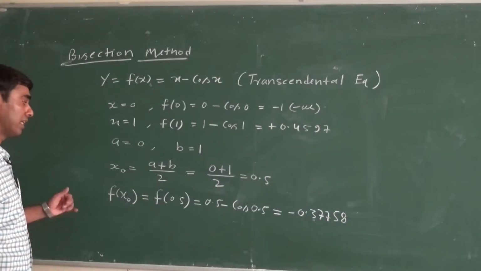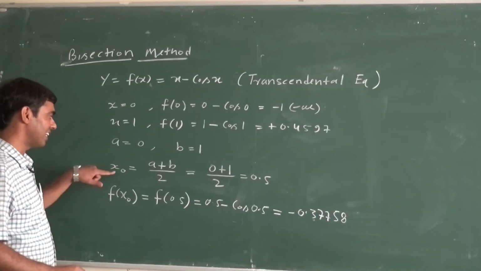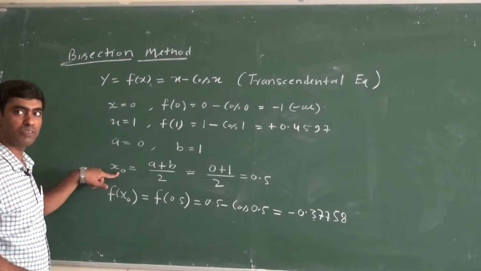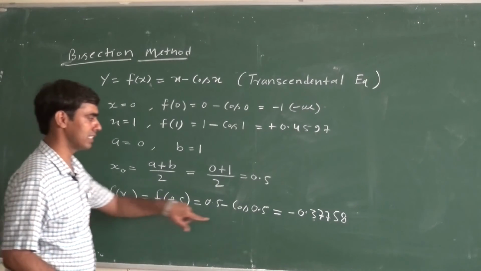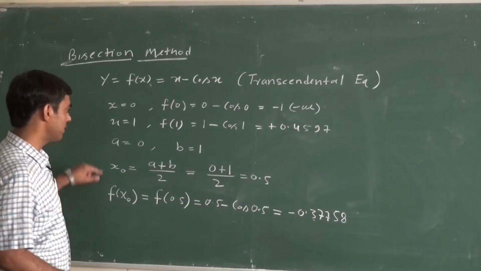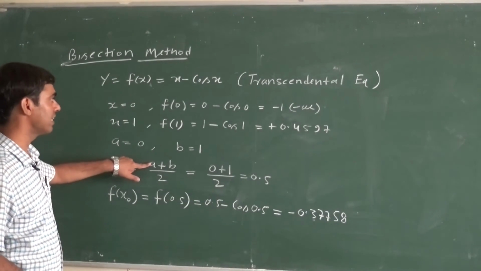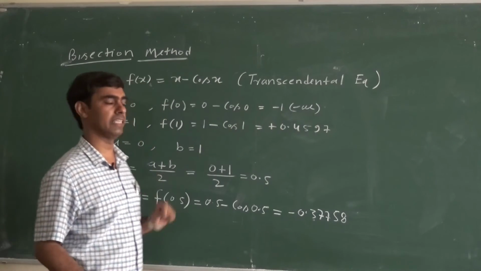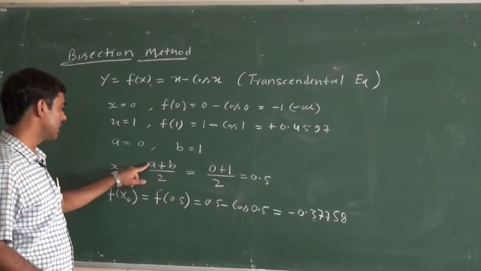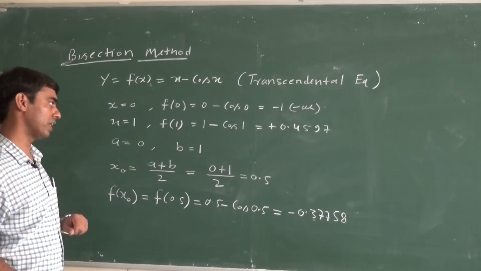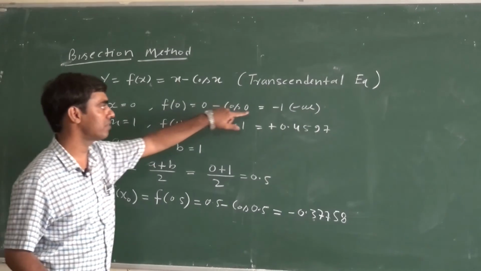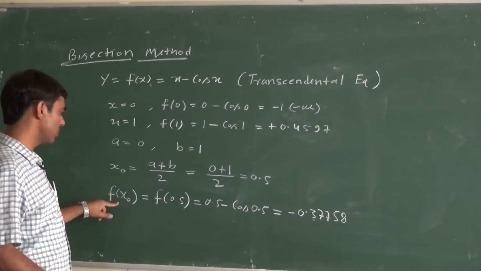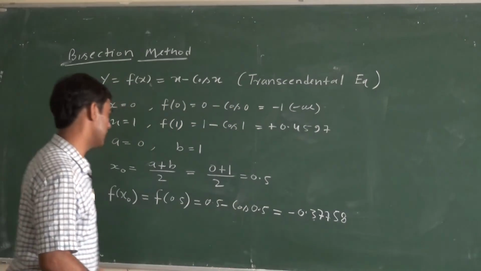So what will happen in the next iteration? At x0, the value of the function is negative. In the previous iteration, at a, the value of the function is also negative. So we replace a by x0, because at a the value is negative and also at x0 the value is negative.